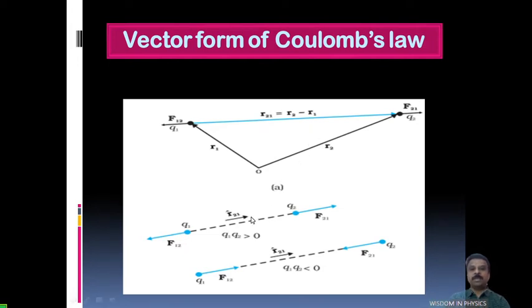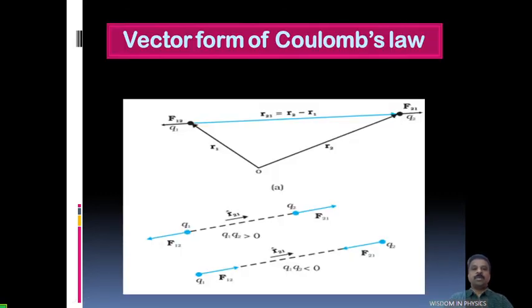Here Q1 is here, Q2 is here. This is the force F21, which is nothing but the force acting on the charge Q2. The force acting on the charge Q2 by Q1 is represented as F21. The direction of the force is towards 2 from 1, that is represented by the unit vector R21 cap.